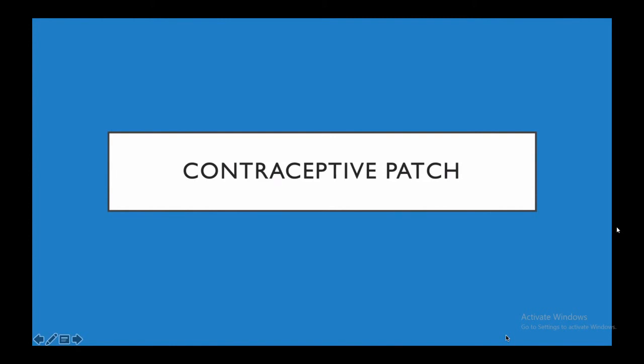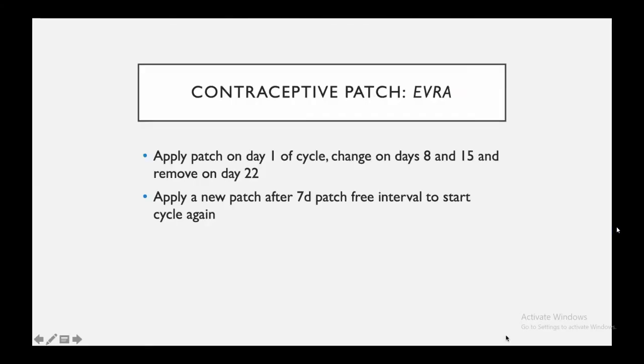Next, I want to talk about the contraceptive patch. The contraceptive patch is a combined contraceptive, and the name of the contraceptive patch is Evra. You want to talk about the patch for patients who do not like taking oral medications.